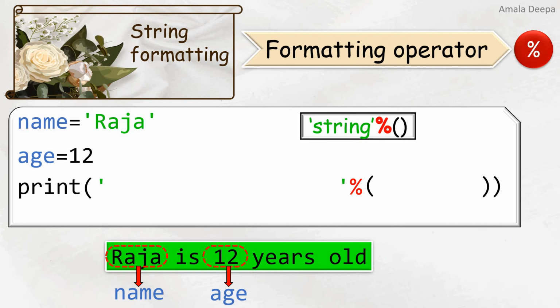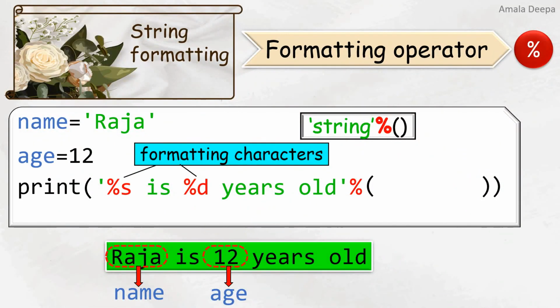So within the quotes, I give some replacement fields. First one is the percentage s, followed by is, percentage d, and then years old. So within the string, this percentage s and percentage d, they are called as formatting characters.